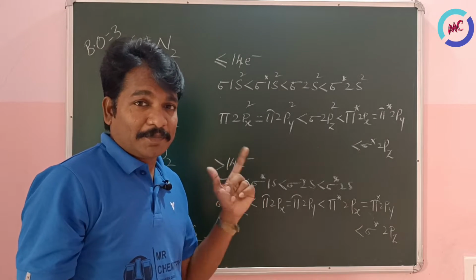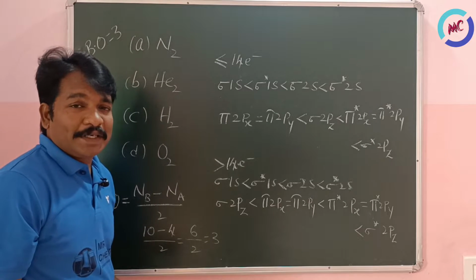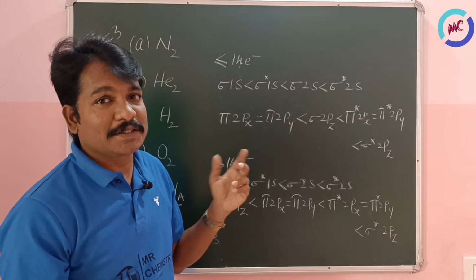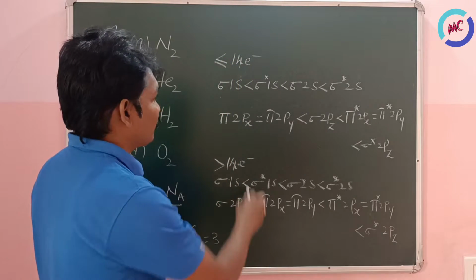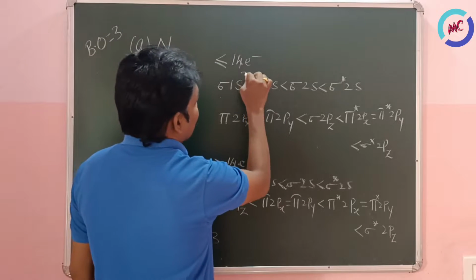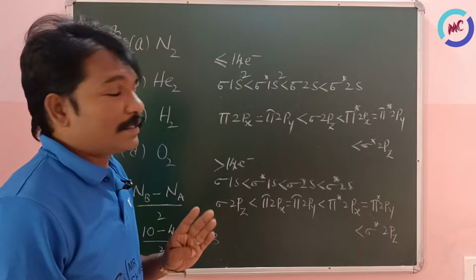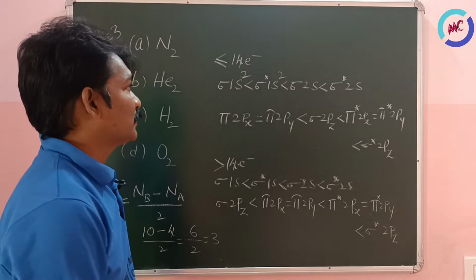I hope it is clear to everyone. Next we will go to helium. In the case of helium, how many electrons are there? Each helium has 2 electrons. He2 means 4 electrons. 4 electrons are less than 14 electrons, that's why we have to use the first configuration. 2 2, that means 4 electrons are there: 2 in bonding orbitals and 2 in anti-bonding orbitals.